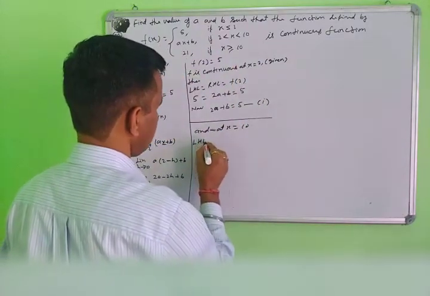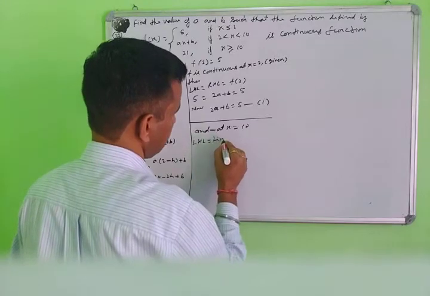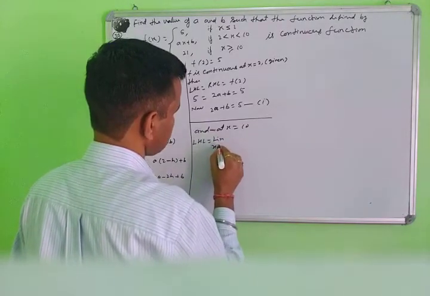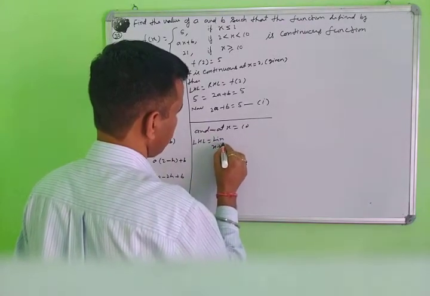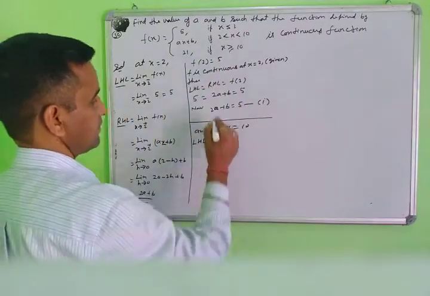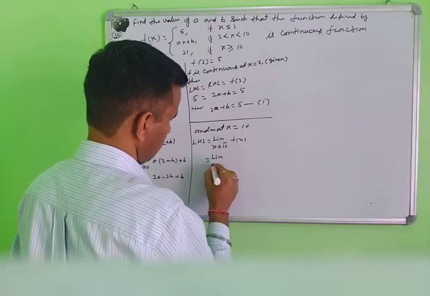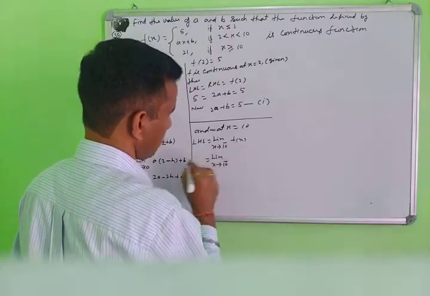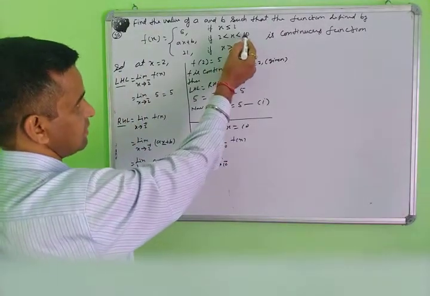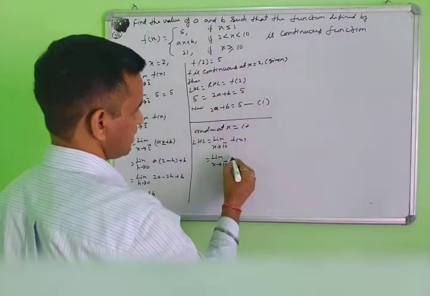Similarly, LHL: limit as x tends to 10 from the left side, which means less than 10. For less than the limit, the function is ax plus b.